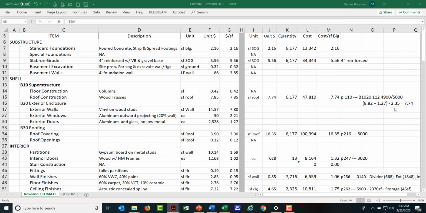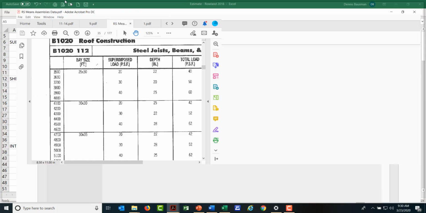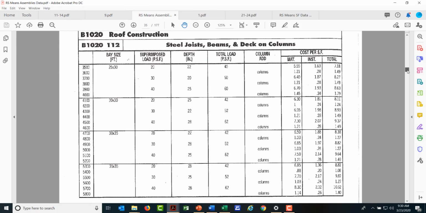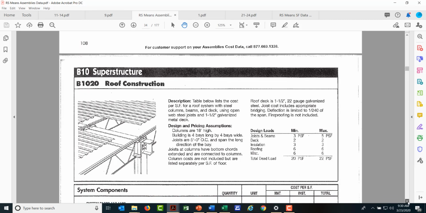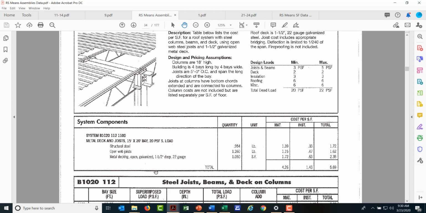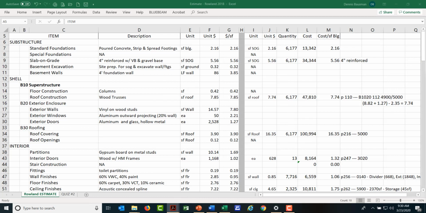Now, notice I backed off $2.35. Let me show you how I did that. The way they built this up, they have roughly $2.35 in there for metal decking. We have a standing seam metal roof.